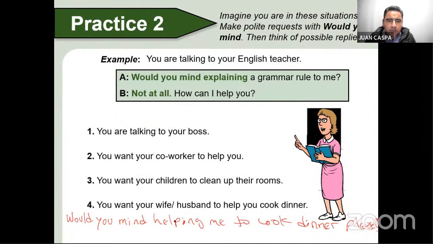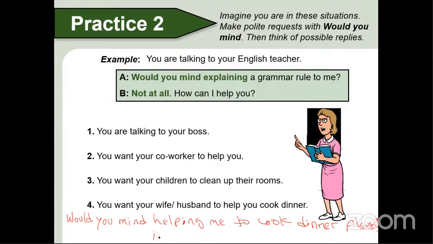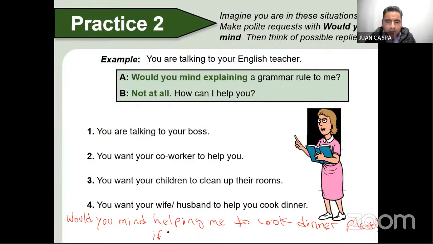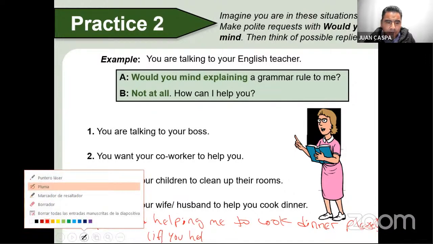You can also say, would you mind if? You can use if. If you help me, right? Okay. If you help me. Also, instead of if, you can use whether, right? En vez de if. But it's okay to use with ing or directly with.